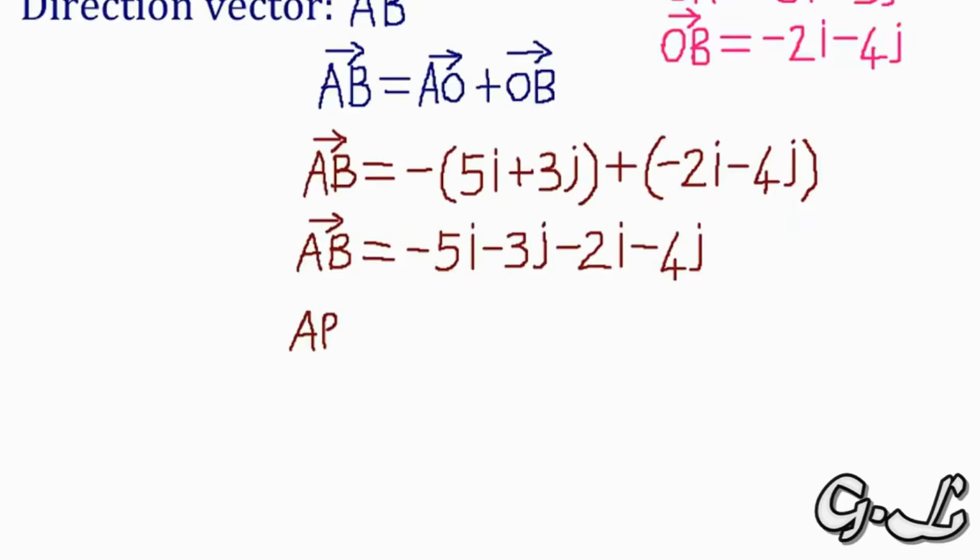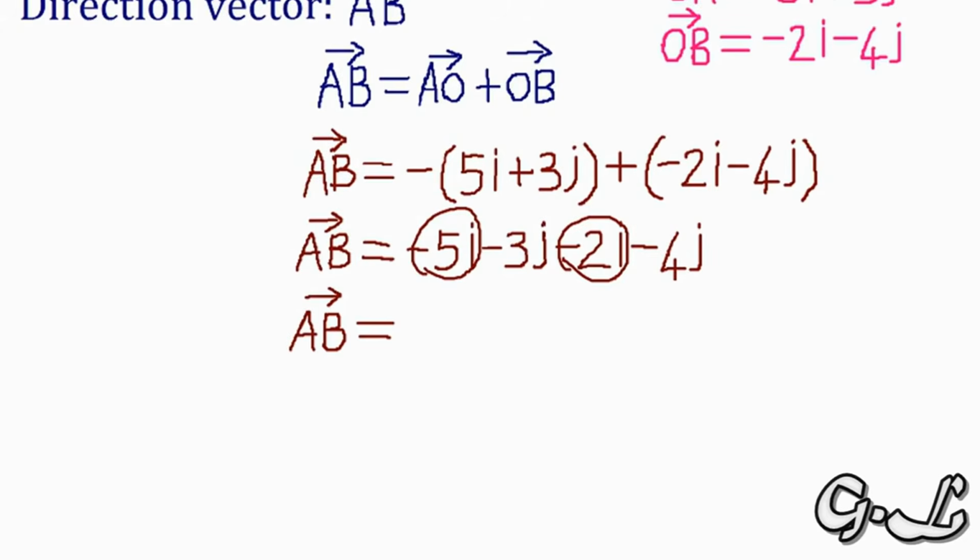So vector AB is equal to, you're first going to consider the like terms. When you consider the like terms, it is negative 5i and negative 2i. These are like terms, so you can easily add or subtract.